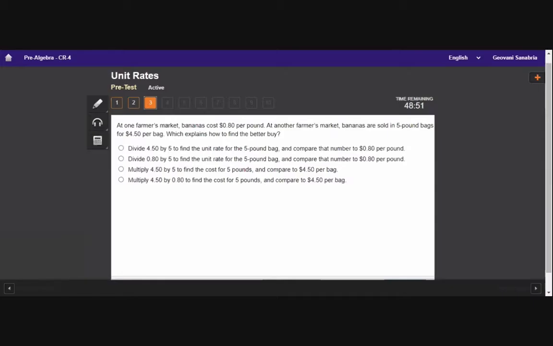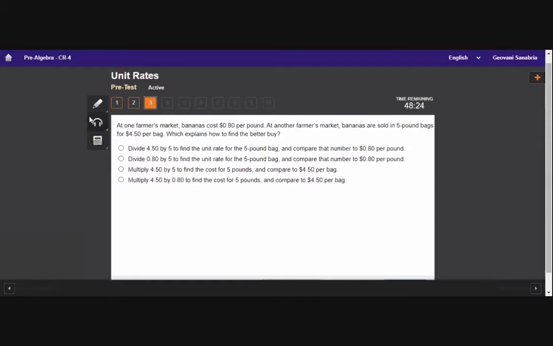What about the 80 by 5 to find the unit rate for the 5-pound bag? Right. So, the 80 by 5, that's mixing both of the rates, because it was 80 cents per 1 pound for one of the markets, and then the other one was $4.50 for 5 pounds for a different market. So 80 divided by 5, that's mixing the two markets together.